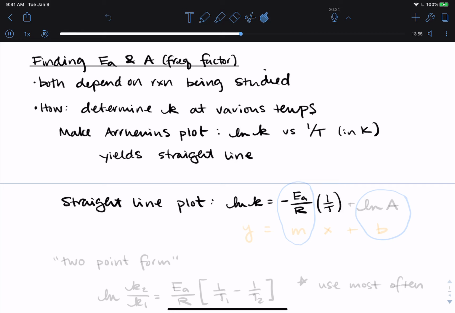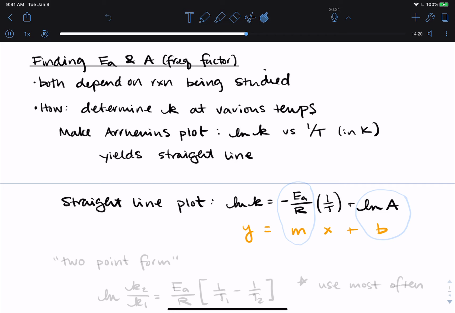You'll see why in a second. This is just a rearranged form of the Arrhenius equation. The reason I separated that T out is that this looks like the form y equals mx plus b. It's a straight line.